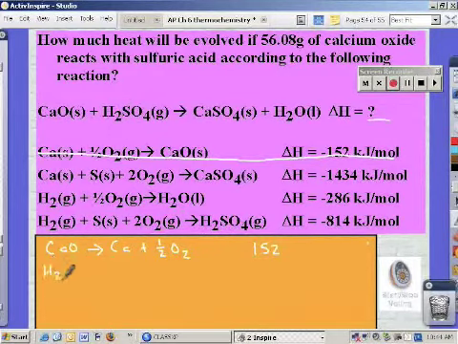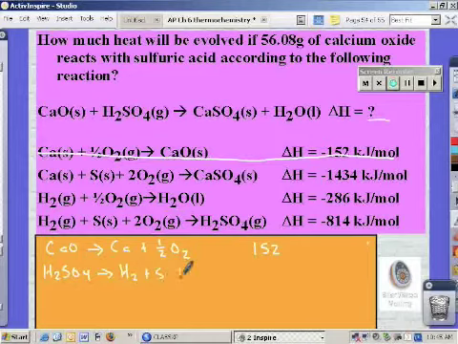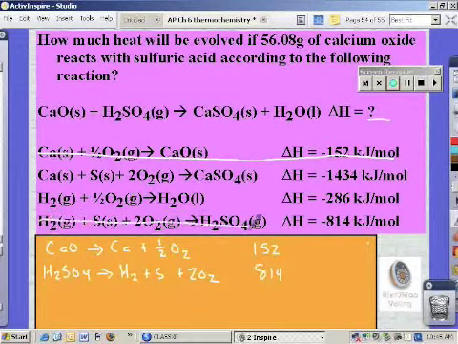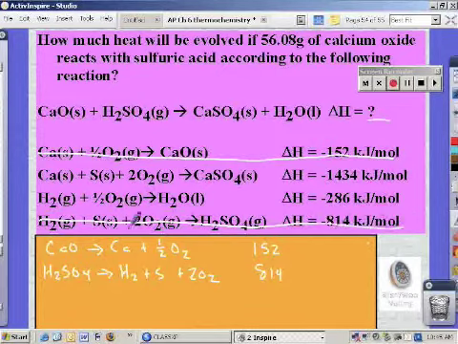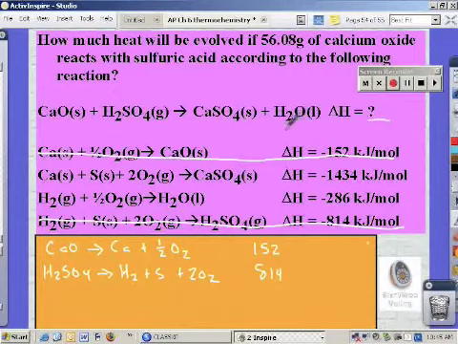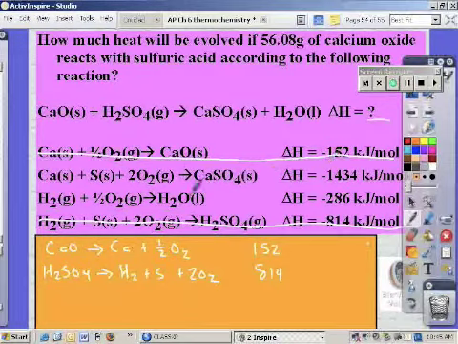H2SO4, it's a product, so we need to reverse that one as well. So our delta H gets reversed. Cross it out. Now it's calcium sulfate. We want it as a product. It is a product. Correct number, so we leave it alone. Waters, correct number, correct location, so we leave it alone.